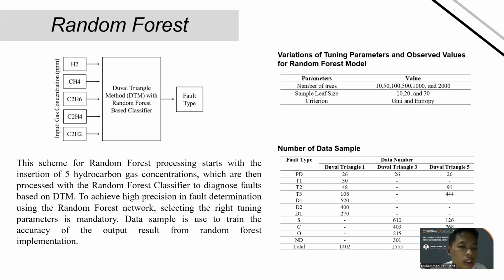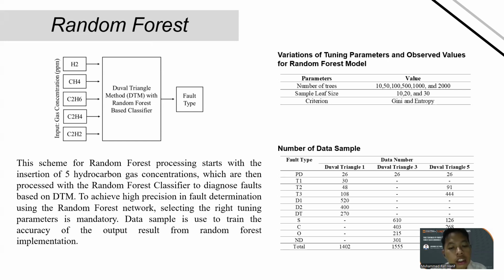The input is the gas concentration; the gas concentration will be processed with the fault triangle method with the random forest-based classifier, and then the output will give the fault type on the transformer itself. The scheme for random forest processing starts with the input of five hydrocarbon gas concentrations, which are processed with the random forest classifier to diagnose the fault based on the fault triangle method.